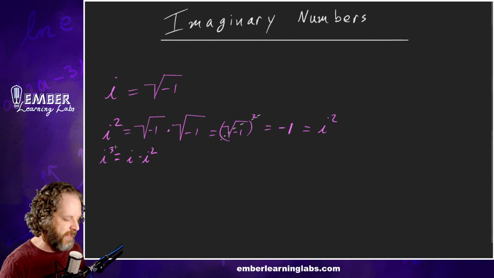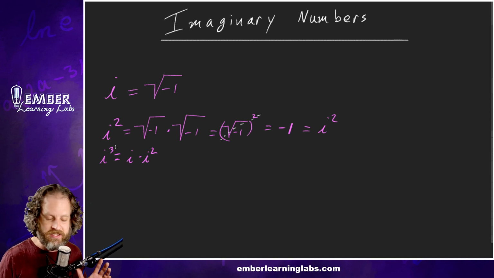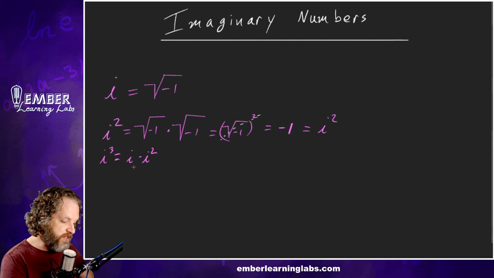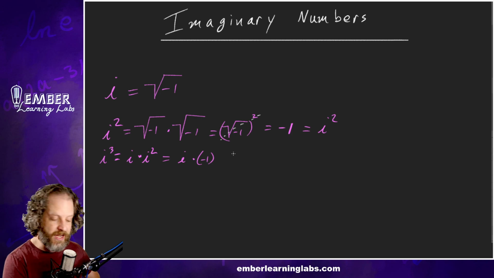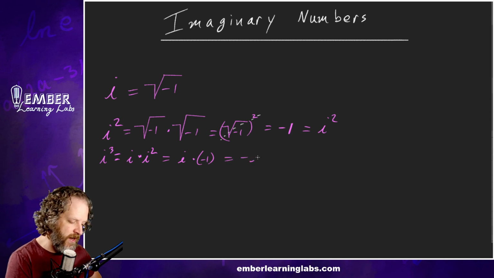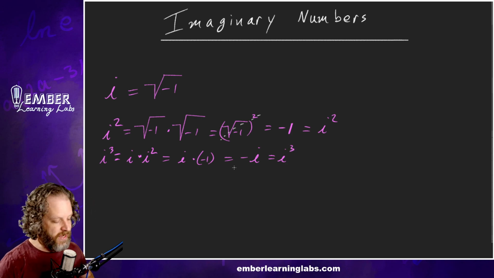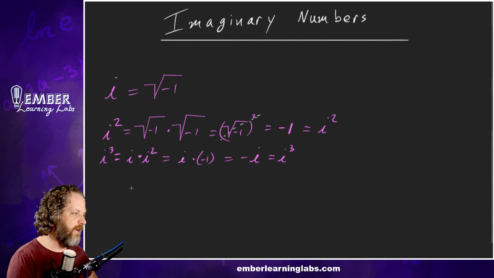So we just learned that i squared is -1. So this would equal i times -1. Well, what is i times -1? That would be -i. So i cubed equals -i. We're going to do one more, and then we're going to talk about how this is a pattern.